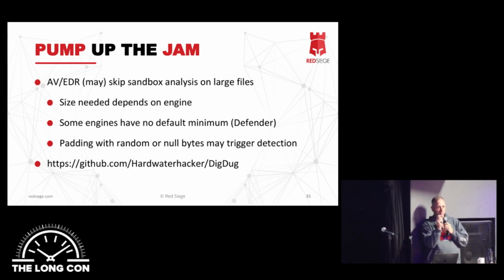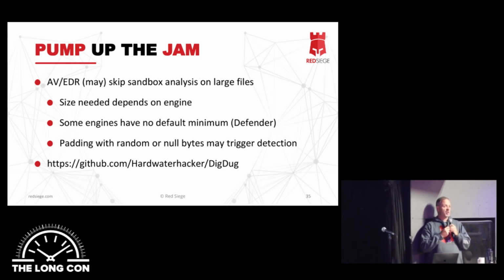Your little program doesn't take very long to scan, but if your program is 500 megs, that takes a little longer. Depending on the engine, some will do it by default, some are configurable for the size, and some don't care what the size is. But if one makes a decision based on size and you make it larger than that threshold, the engine just says, too big, not going to scan it.